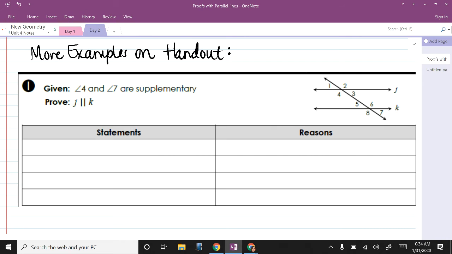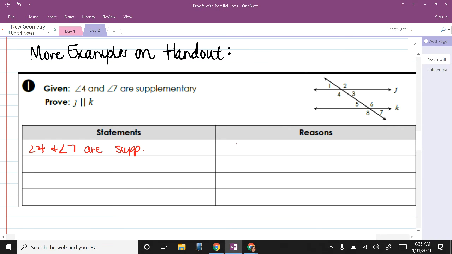All right, so we got this picture and all these angles that are labeled, don't we? Okay, everybody with me? So what is my first statement on proof number 1? Angle 4 and angle 7 are supplementary. And what's the reason there?